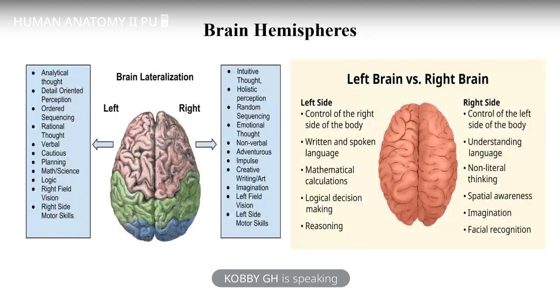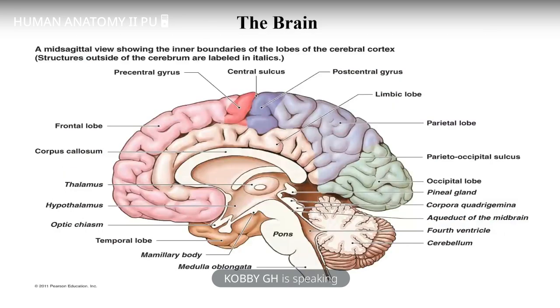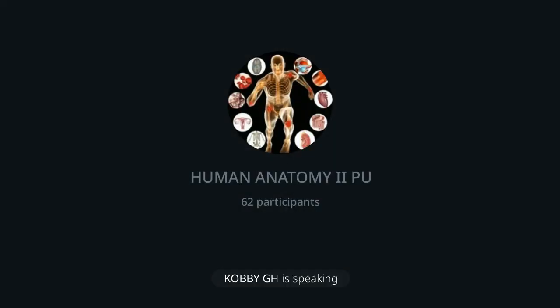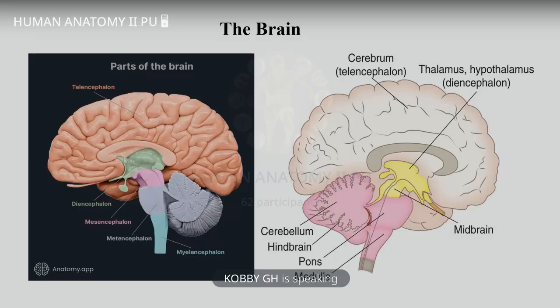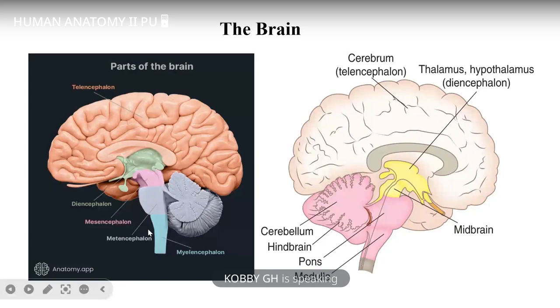So when we say brain stem, this is the brain stem. This is what we call the brain stem. So you see the entire brain, if you are looking at it composite, it's like three parts. The largest part is what we are calling the cerebrum.